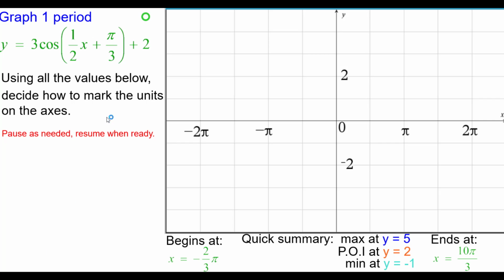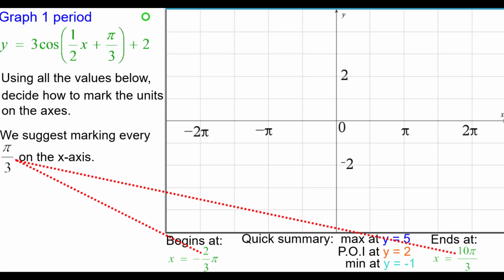Press pause as needed to be able to decide what units you're going to mark off on both axes. So we're going to suggest marking every pi over 3 along the x-axis because of the beginning and the end of the period.